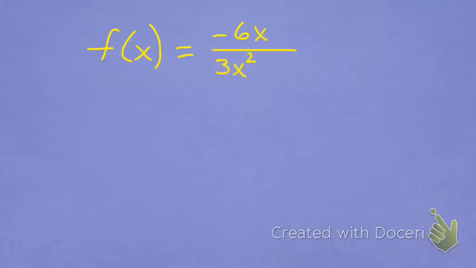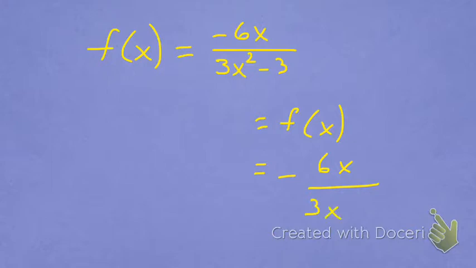Okay, so again our function is negative 6x over 3x squared, take away 3. We're checking to see if this is true. F of a negative x, oh, we don't know that. We need to work that out.